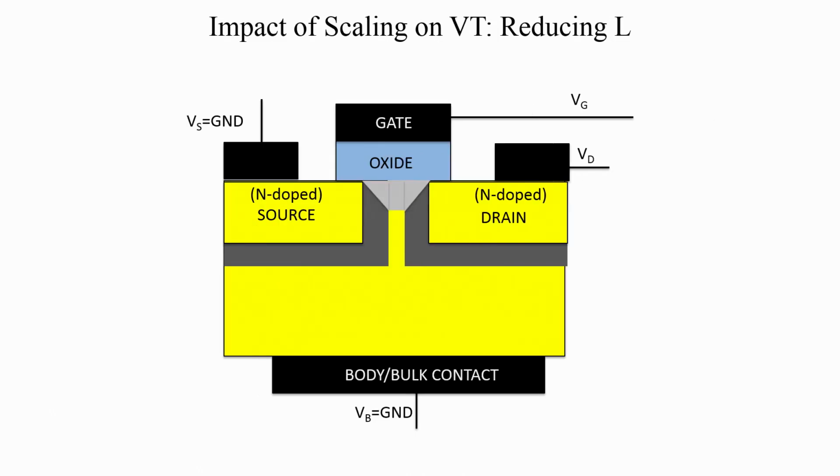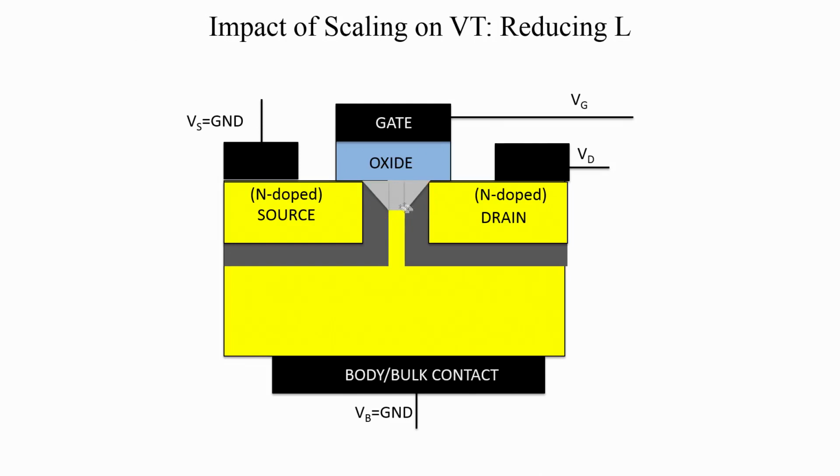Now, if you start scaling down the channel length, so the channel length is reduced quite a bit, these depletion regions are not that small, we cannot really ignore them, they have gotten very close to each other. So, this region suddenly forms a significant part of the total depletion charge. And now we need to take this area into account quite carefully in our calculations of the threshold voltage.